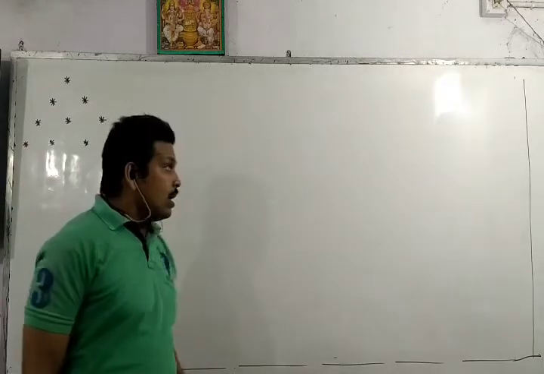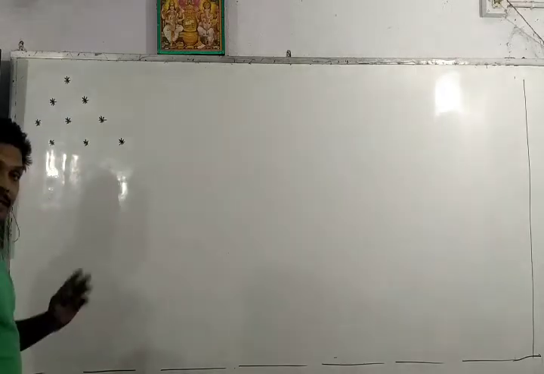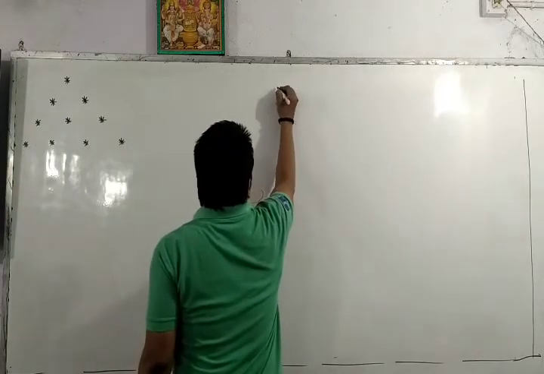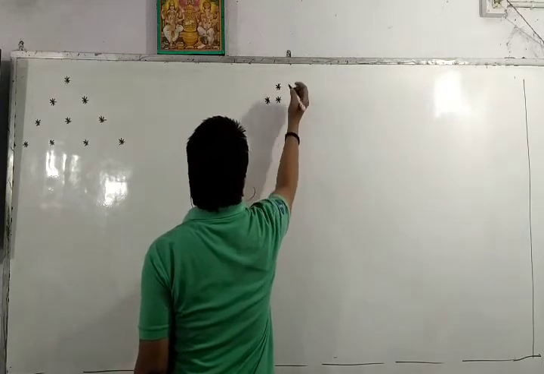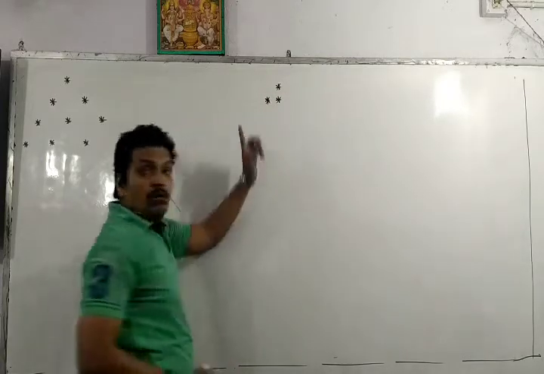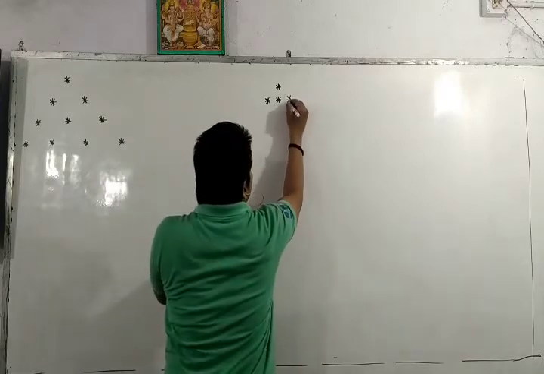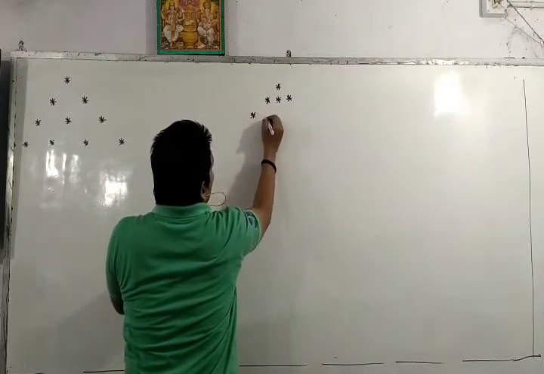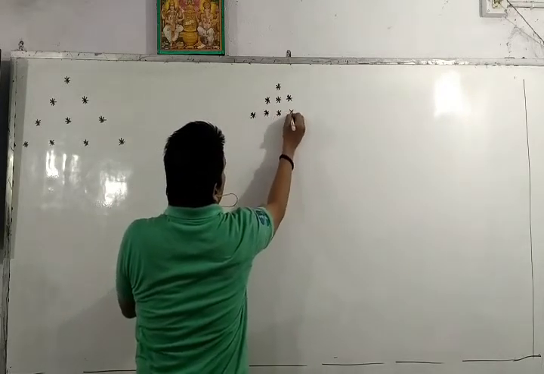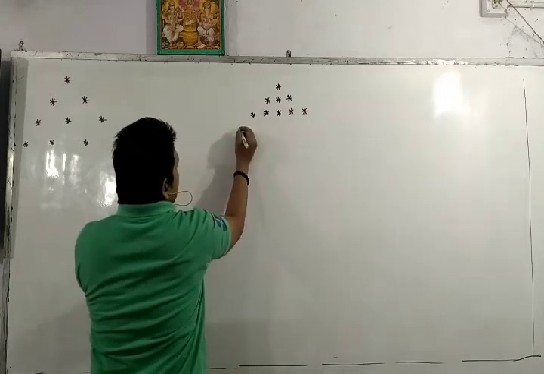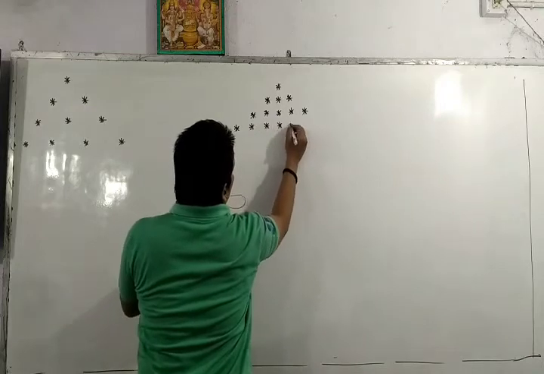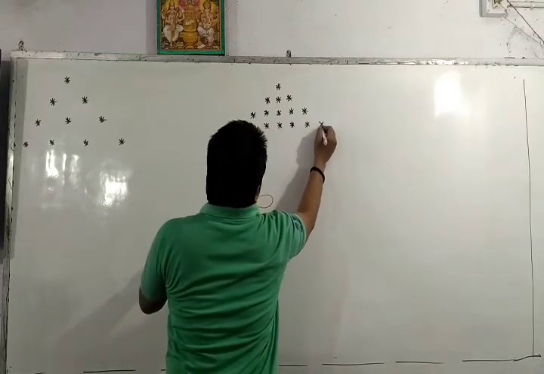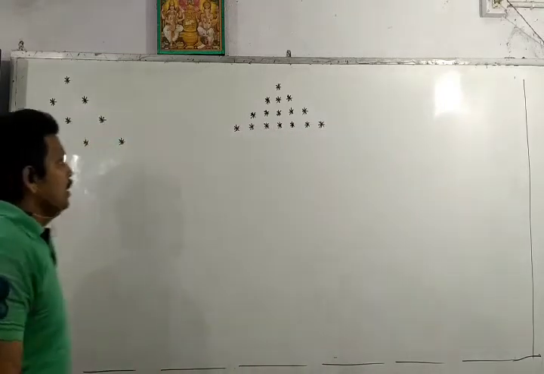In the last video class we discussed how to display this pattern. In the first line we had one star, in the second line three stars, in the third line 1, 2, 3, 4, 5 stars, and then 1, 2, 3, 4, 5, 6, 7 stars.